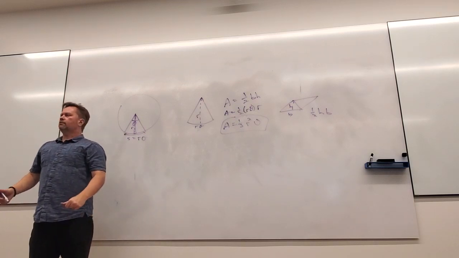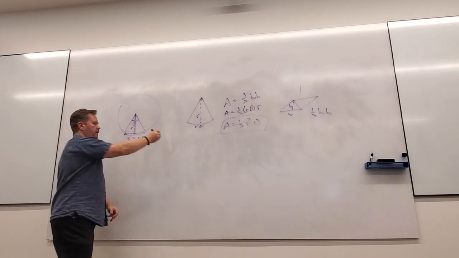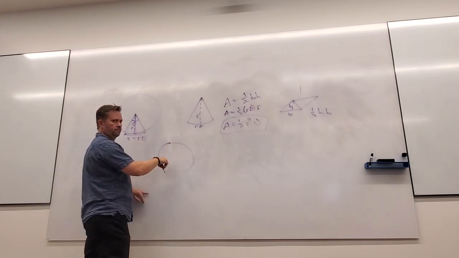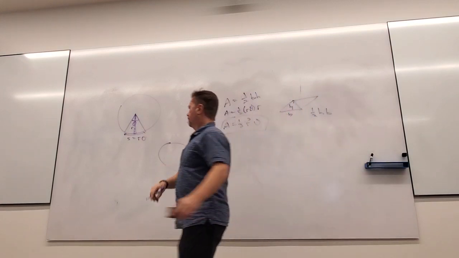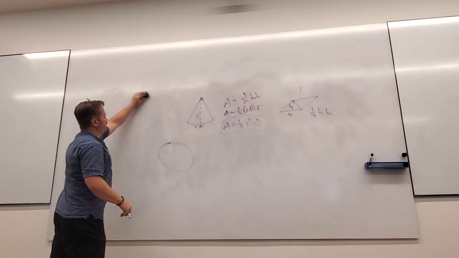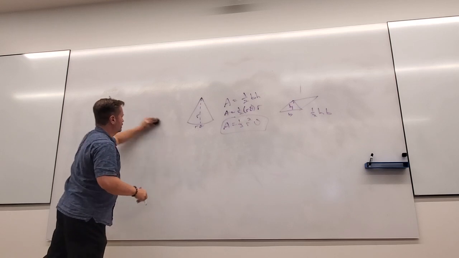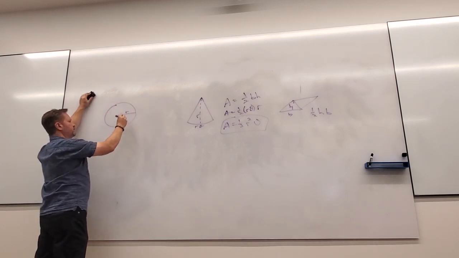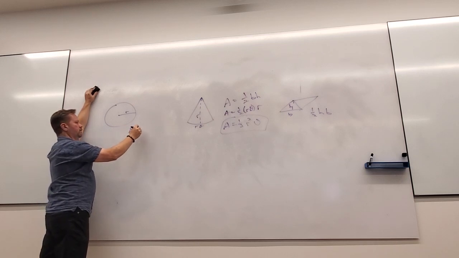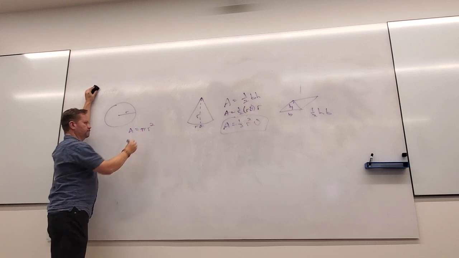There's another way to do it where I do it sort of like how we developed R theta. I say, what's the area of a whole circle? Oh, let me show you this, by the way. I'm kind of happy I remember this. First off, what is the area of a circle of radius R? Do you know? Please tell me somebody knows. What's the area of a circle? Pi R squared, okay.